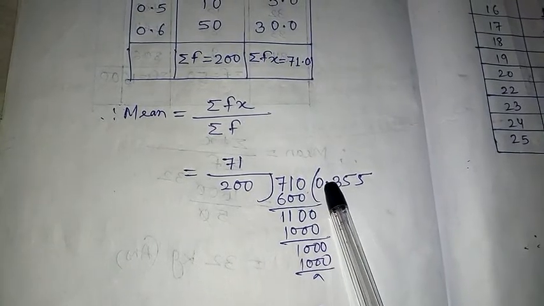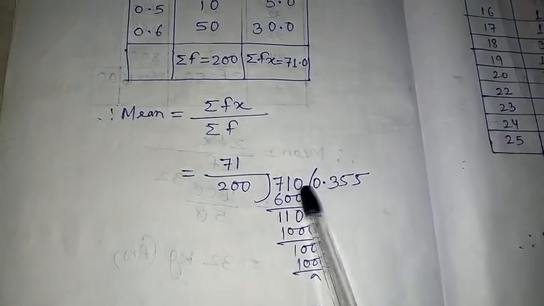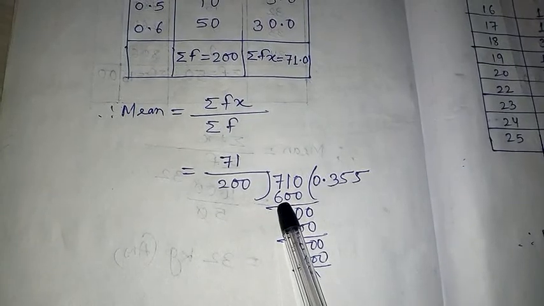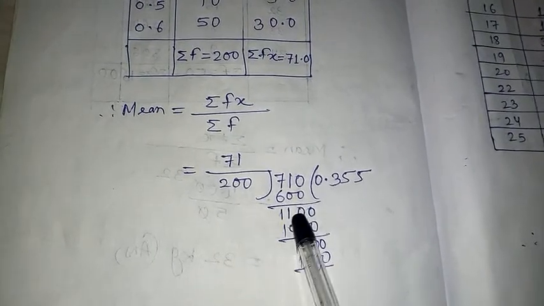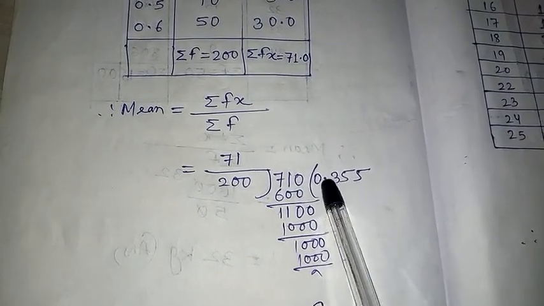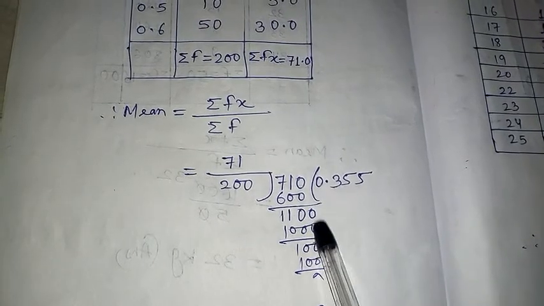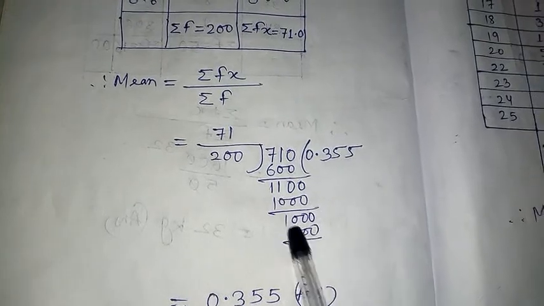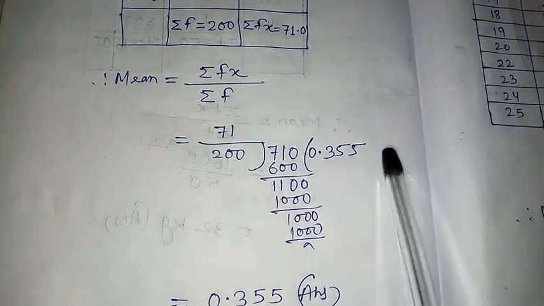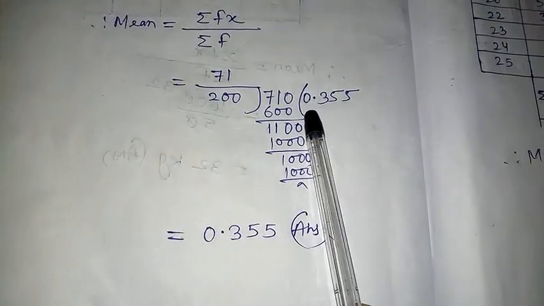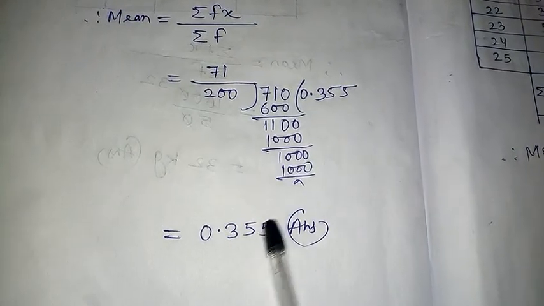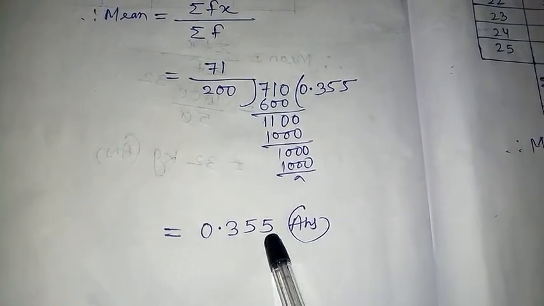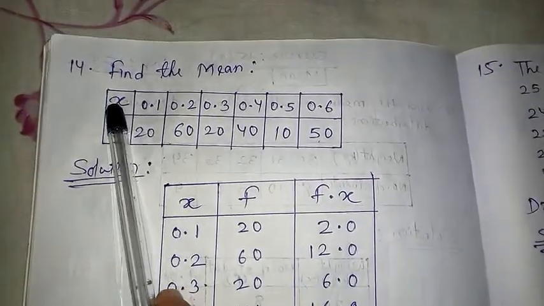So 0 point, and I got 0. Now 710, 200 3 times is 600, then 110 came. For this decimal I get a 0 every time in every step. Now 200 5 times is 1000, I got 100. A 0 again, 200 5 times is 1000. My answer is 0.355. I will not write anything here, no kg, no rupees, nothing, because here it was just x only.